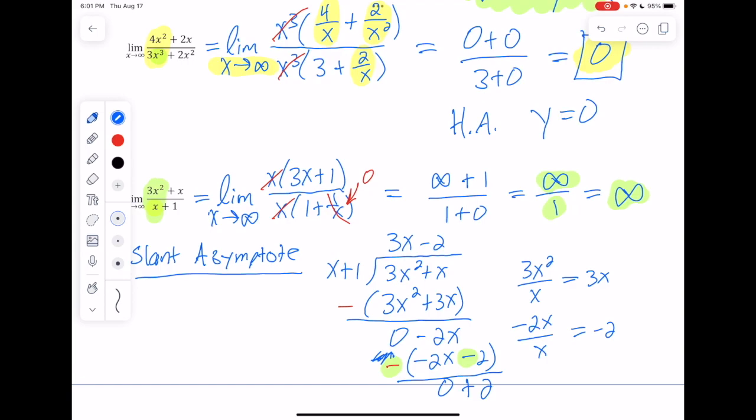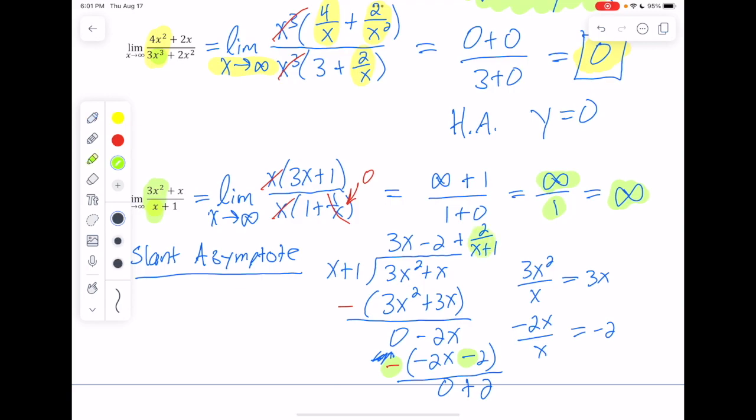When you get to a point where what's left is a smaller degree than what was out front, that left part is your remainder. So we would end up saying we have the remainder of plus 2 over x plus 1. And if you look at that and ask, what happens to that as x goes to infinity?